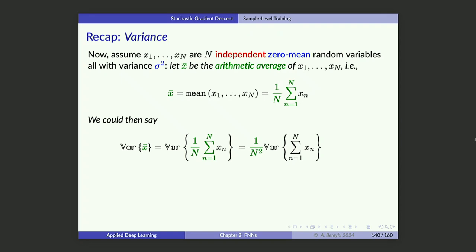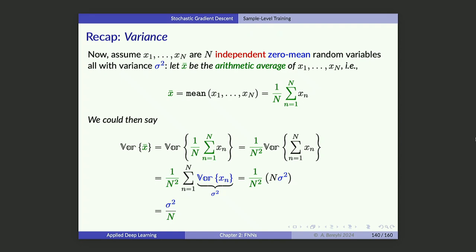The summation of the variances. And here, what is the variance of every single one? Sigma squared. So the whole variance inside the bracket would be n times sigma squared, since every single one is sigma squared. And when you multiply it with 1 over n squared, it's going to be sigma squared over n.